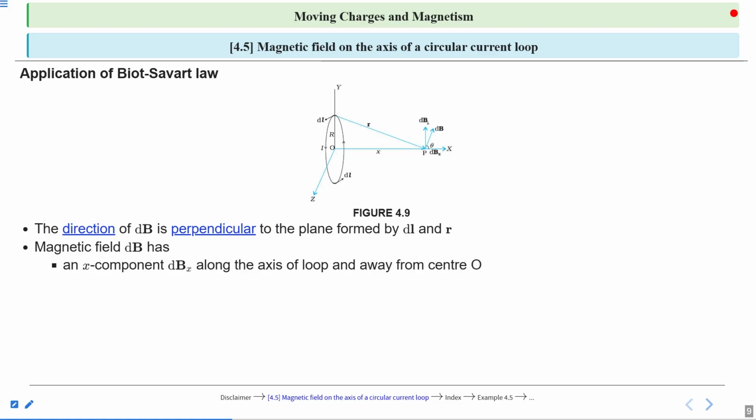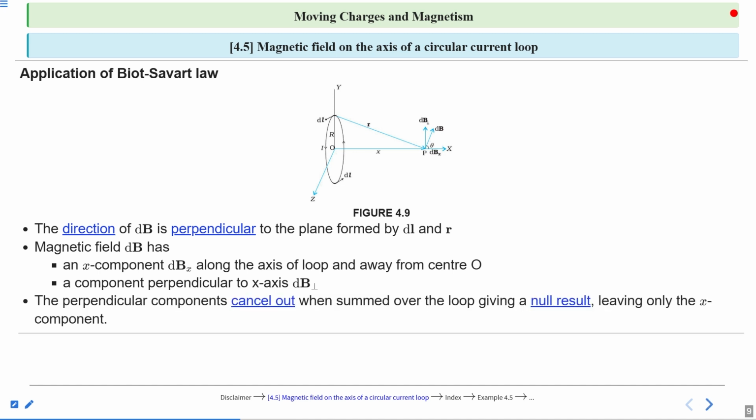And the second component is perpendicular to the x-axis, that is dB perpendicular. Now, perpendicular components cancel out when summed up over the loop, giving a null result, leaving only the x component.